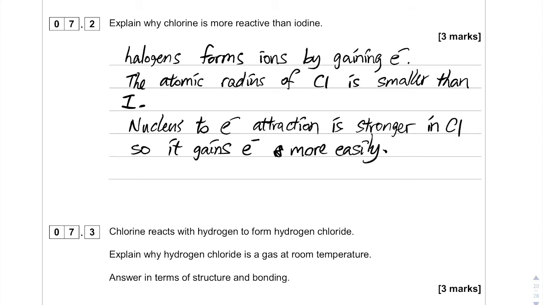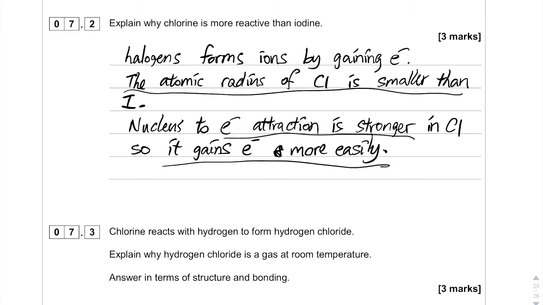So that's basically just 3 marks. You have smaller atomic radius, stronger attraction, and hence gain electrons more easily. So these are the 3 main marks that you're getting.